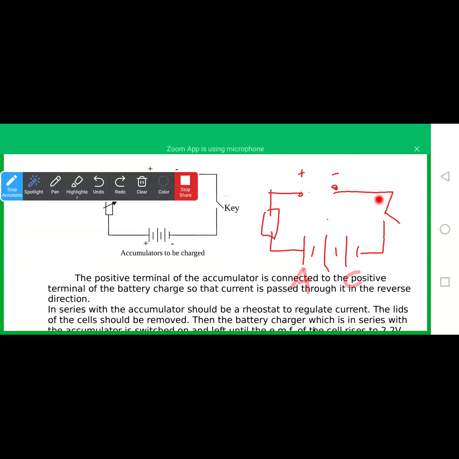So as more electrons come to this side of the cell, it will make this one negative, and where electrons are leaving, making a deficiency of electrons, leaves this one positively charged. You get that?